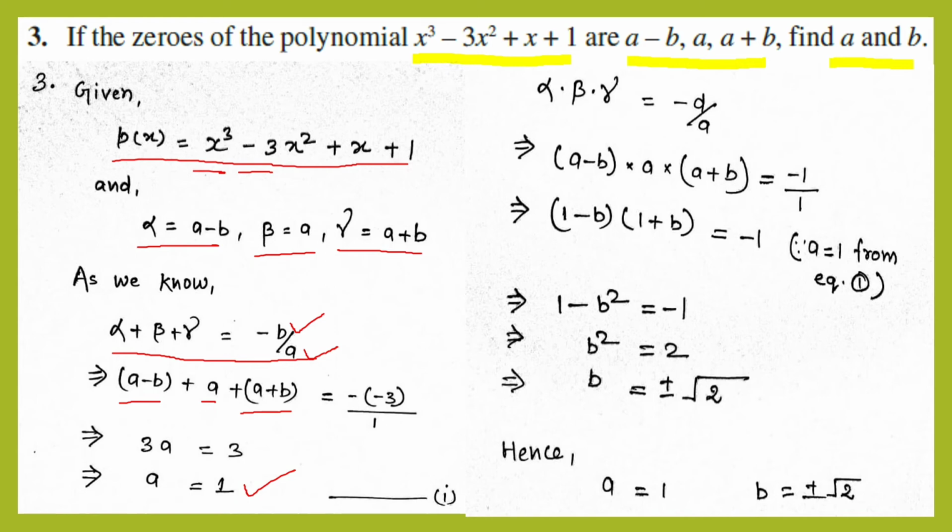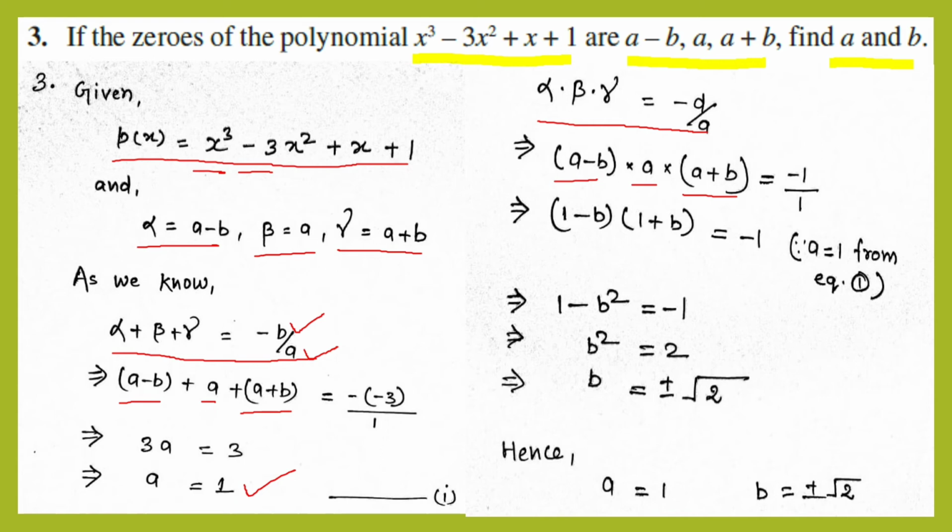Now we have to find the value of b. We will use the second relationship, that is product of roots. So product of roots in a cubic polynomial is minus d by a. Alpha into beta into gamma is equal to minus d by a. So we'll put the value of alpha as a minus b, beta as a, gamma as a plus b.